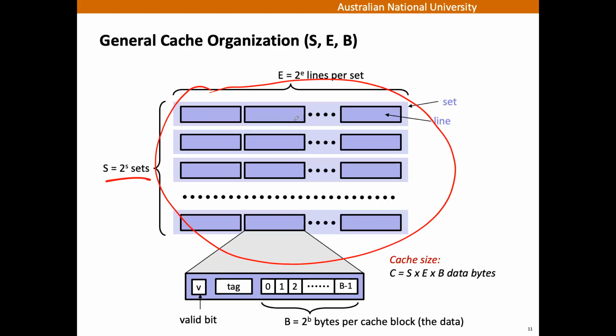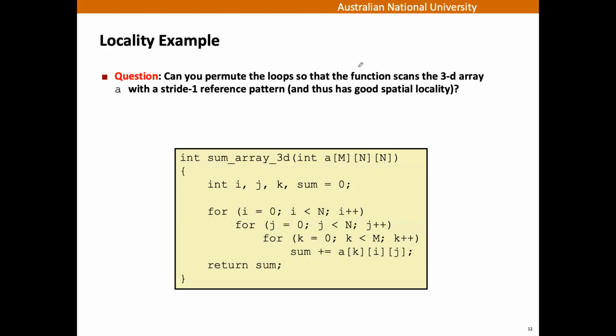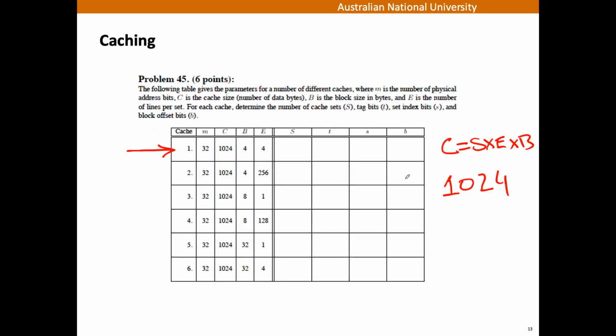In a set associative cache, you have many lines per set. Now you can have 1 line per set. That's a direct mapped cache, or you can have only 1 set. That's a fully associative cache. So the first thing you ought to do is to find out how many lines there are in the cache. So how many lines are there in the first example? What's my line size?